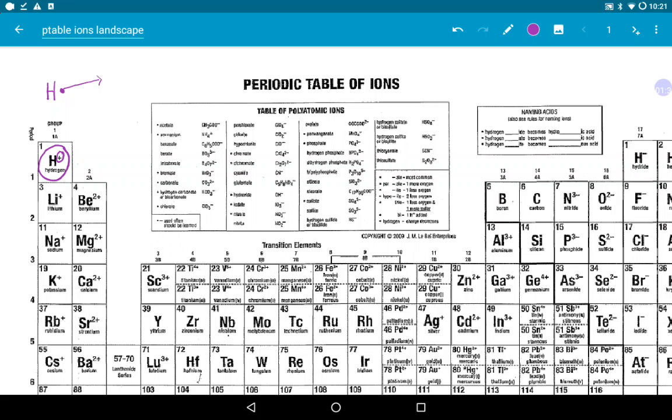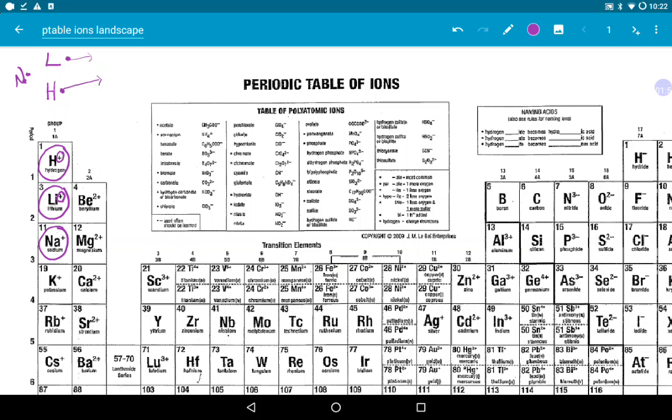It's lost an electron. And you can see lithium has the same charge because just like hydrogen, lithium has one valence electron. And if it gives it away, then all of a sudden it becomes a positive charge. Same with sodium, which also has a Lewis dot diagram like that, and potassium and so on.